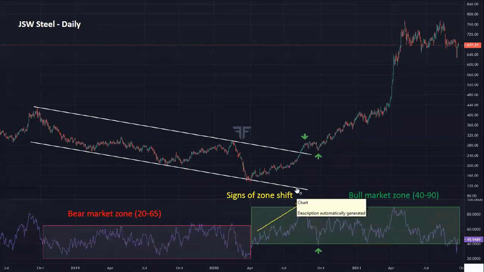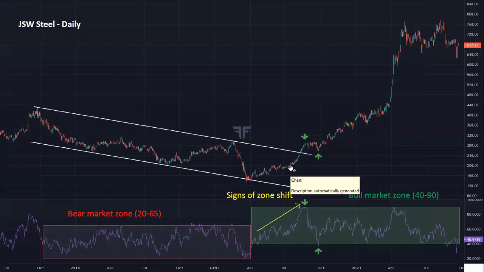So this was a very classic chart of JSW Steel, wherein we see a very nice zone shift. Now, one thing to keep in mind is that this is a lagging indicator. If you see in this particular case, the buy signal is being generated over here, so by then there has been a very substantial rally in price. But that's one drawback of zone shifts.